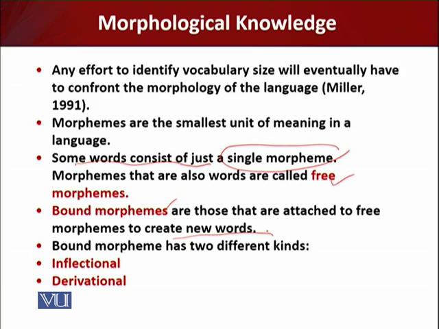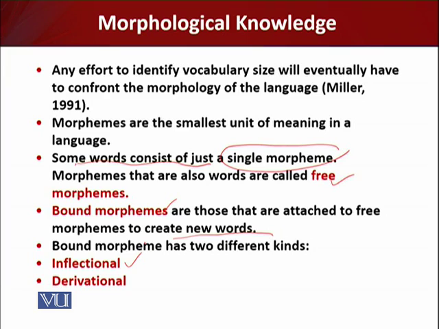They have two different kinds. One is inflectional and the second is derivational. What we mean by inflectional is that they are involved when a bound morpheme is added to a free morpheme to express grammatical contrast in a sentence.